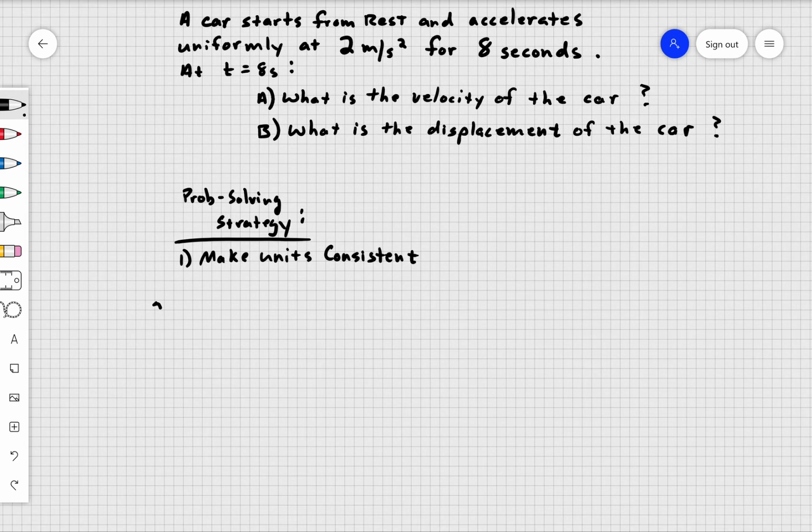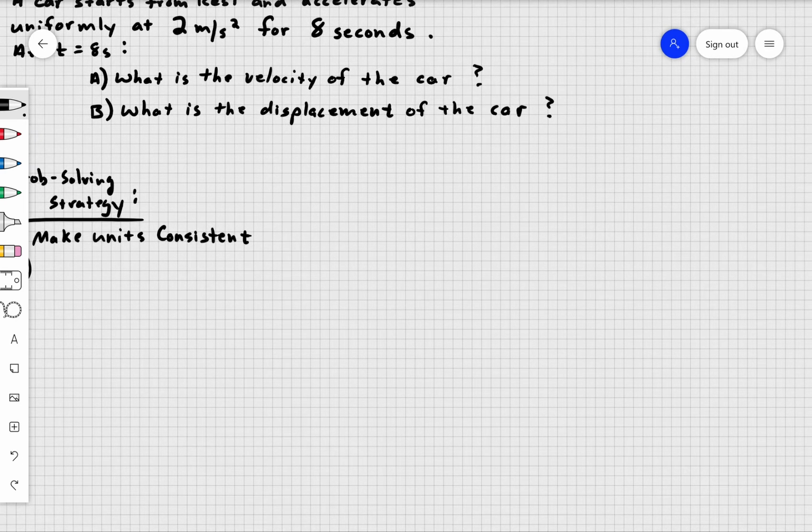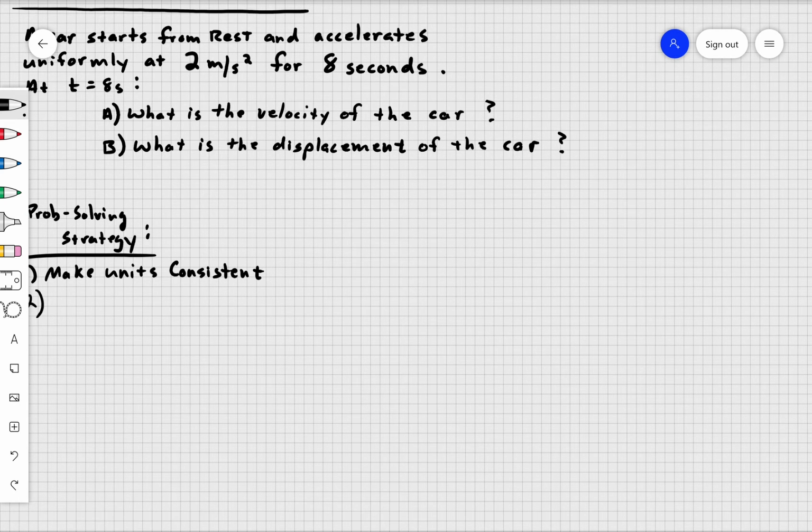The second step is to list the variables at hand in the problem. And in this case, there are 5 of them. Those variables being the initial velocity, the final velocity, the acceleration, the elapsed time, and the displacement.